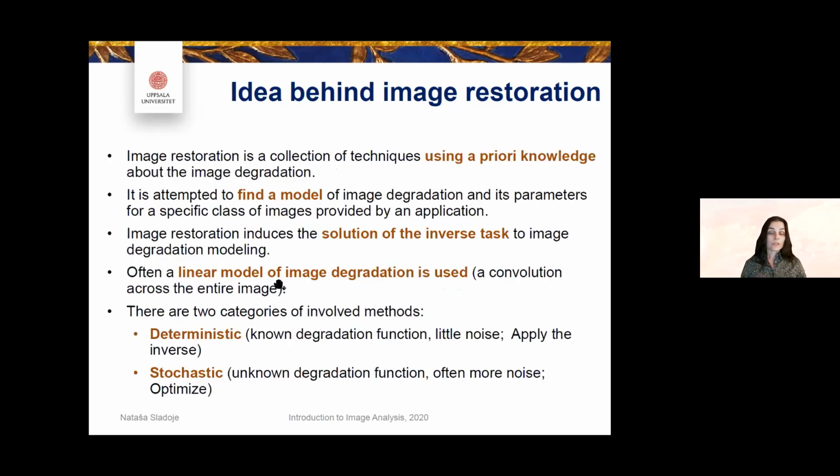So we can say that image restoration is a collection of techniques that rely on a priori knowledge about the image degradation. So we use what we know about the function H, about the added noise eta. Then the attempt is to find a model for this degradation, to actually mathematically express this H and eta, these parameters of the degradation.